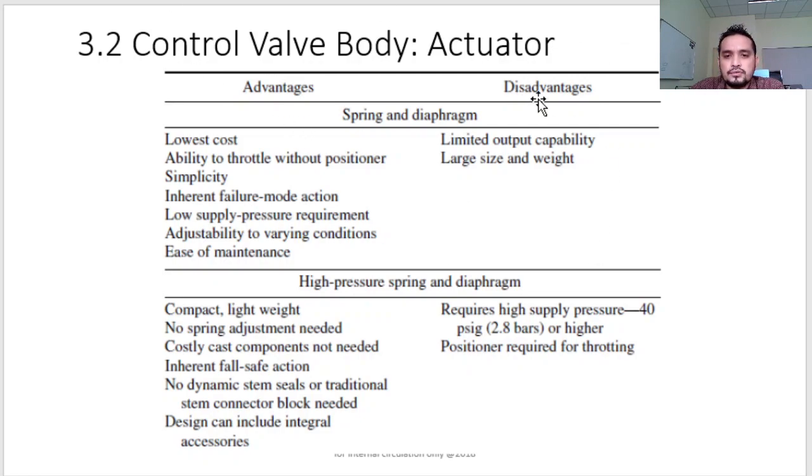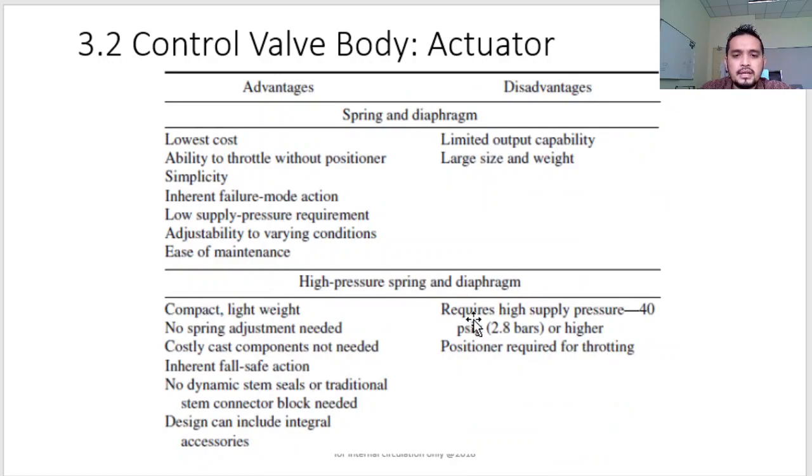But not to forget some of the disadvantages. Since it is very simple, it has very limited output capability, and because it involves the diaphragm, this will consume space, meaning the size and weight could be high.